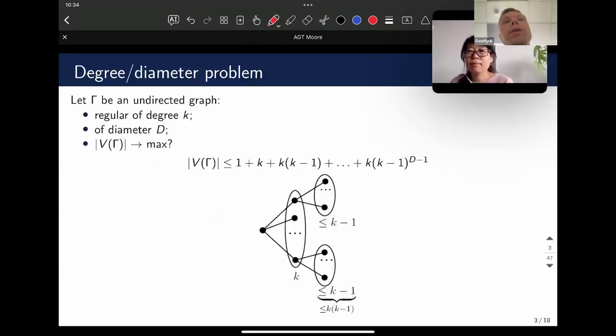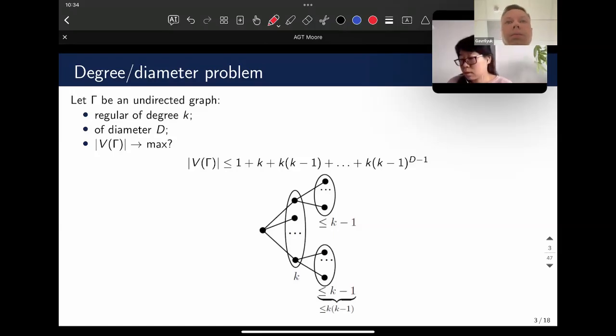One way to define Moore graphs is to consider the degree diameter problem. We consider an undirected graph, which is regular of valency or degree k, and has a diameter d, and we would like to maximize its number of vertices. If you think about a graph which should be extremal in this case, which should attain the maximum number of vertices, then you can realize that such a graph should have a tree-like structure.